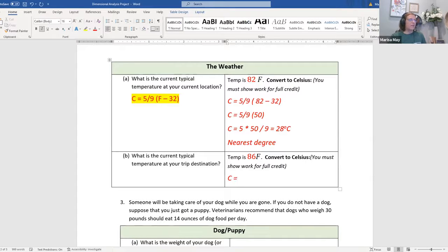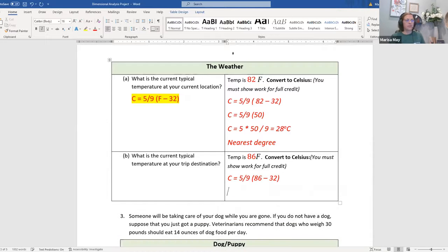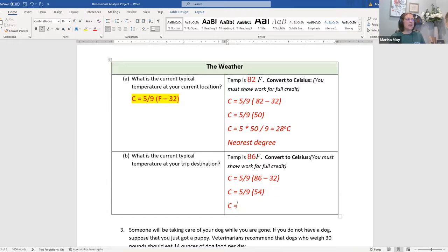So 5/9, 86 minus 32. Do your parentheses first. So 86 minus 32 is 54. And then again, you're going to type in your calculator 5 times 54 divided by 9. And I'm going to get exactly 30 degrees Celsius.